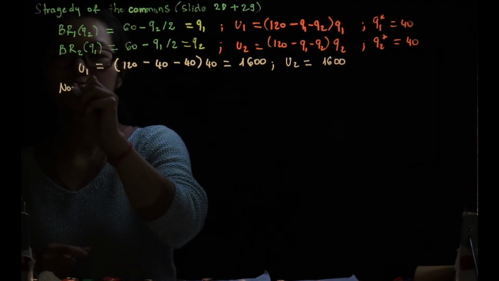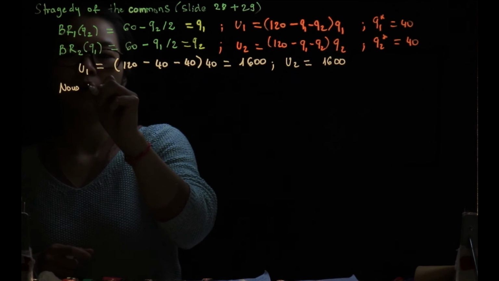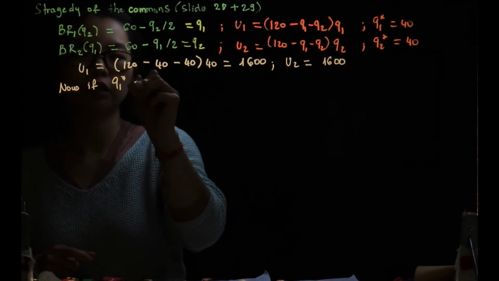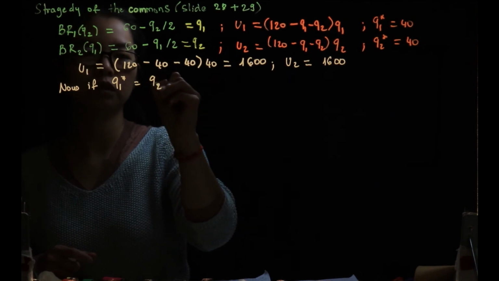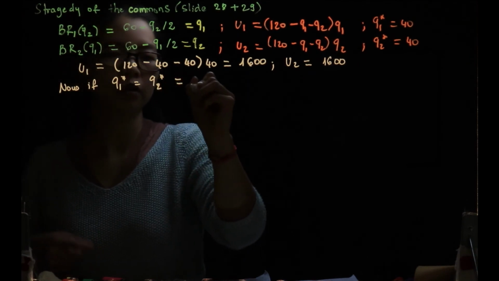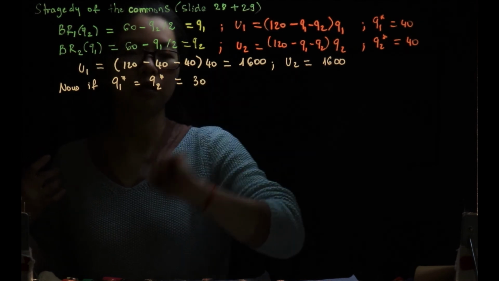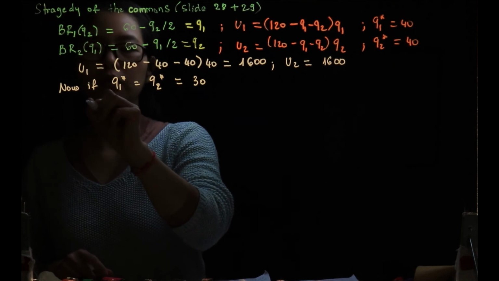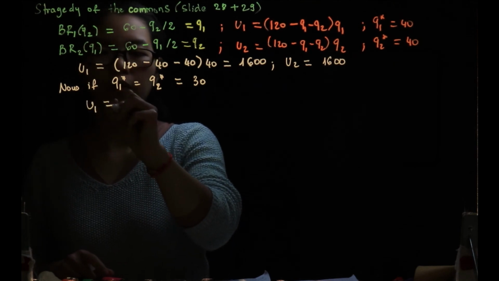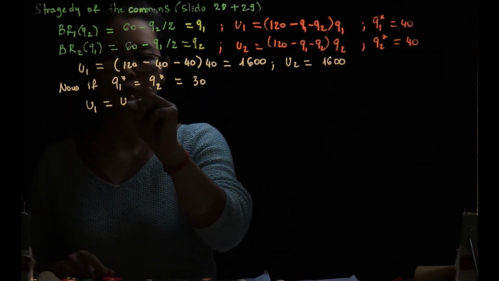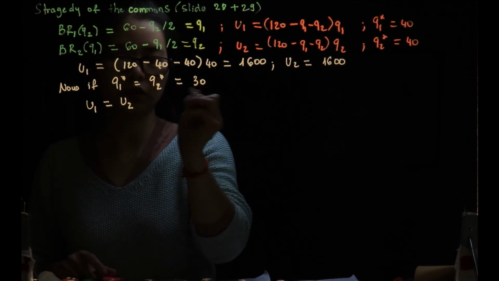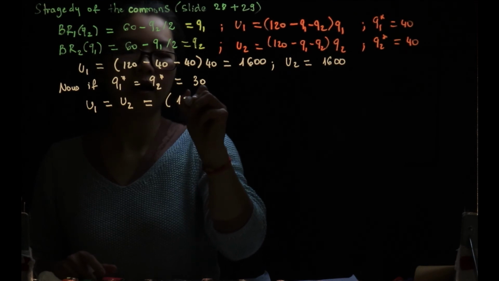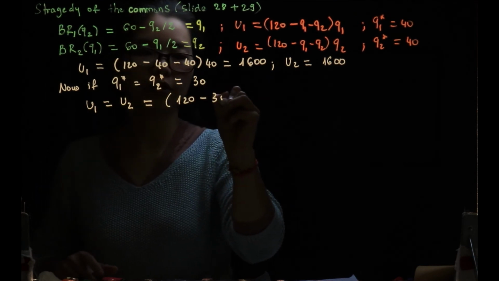Now, if Q1 star equals Q2 star equals, for example, 30 ships, what happens? Then U1 will be equal to U2, because now we have the same quantity, equal to 120 minus 30, right?